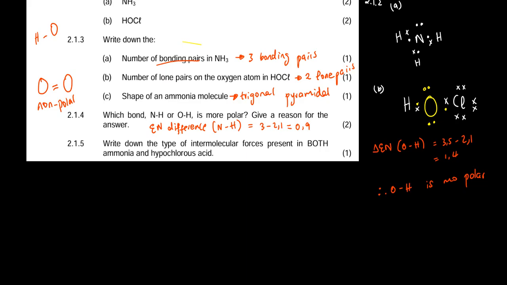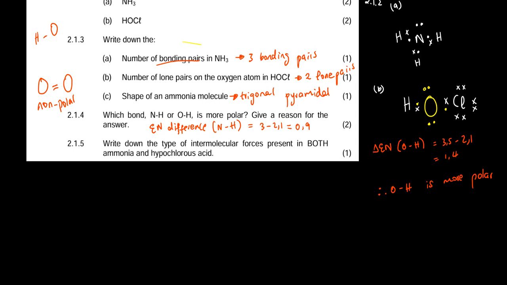Is it clear? Also, within this type of question, I need to calculate the electronegativity difference first, and then I can see which one is the biggest. Then I can say that the one that's the biggest is more polar. Yes, okay. Thank you, sir. Is it clear? Yes, sir.